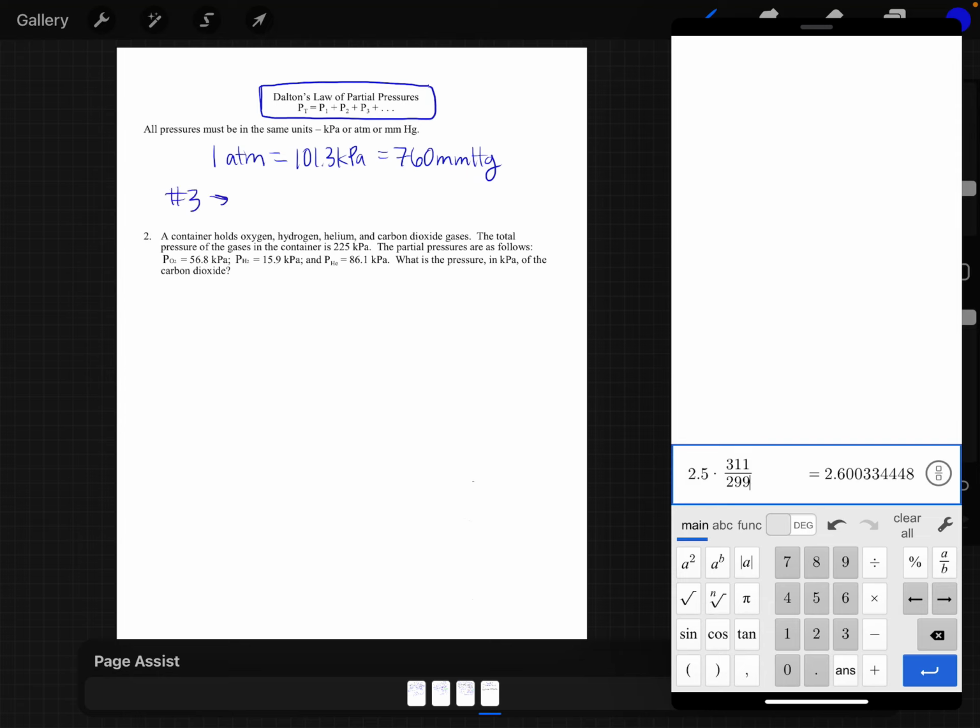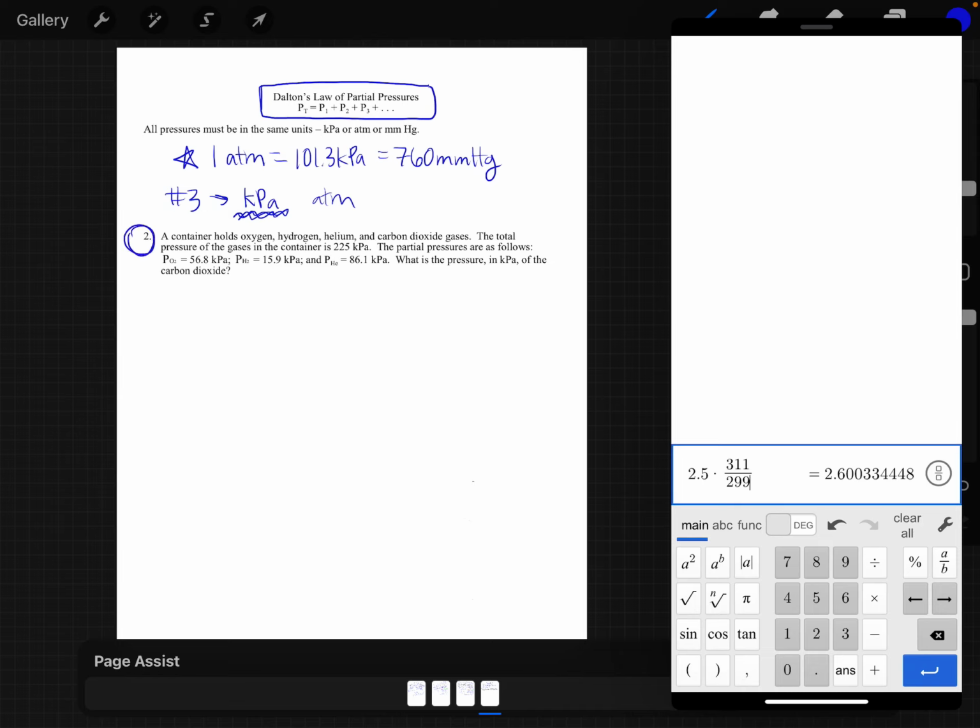Be careful. I'm pretty sure I remember one of them is in kPa while the rest are in atmospheres. So make sure that you convert this one to atmospheres before you start adding them all together. And again, use this. Go to my YouTube video that teaches you converting pressures, or go back to your notes or homework page that taught you how to convert pressure. All it is is a one-step stoich problem.